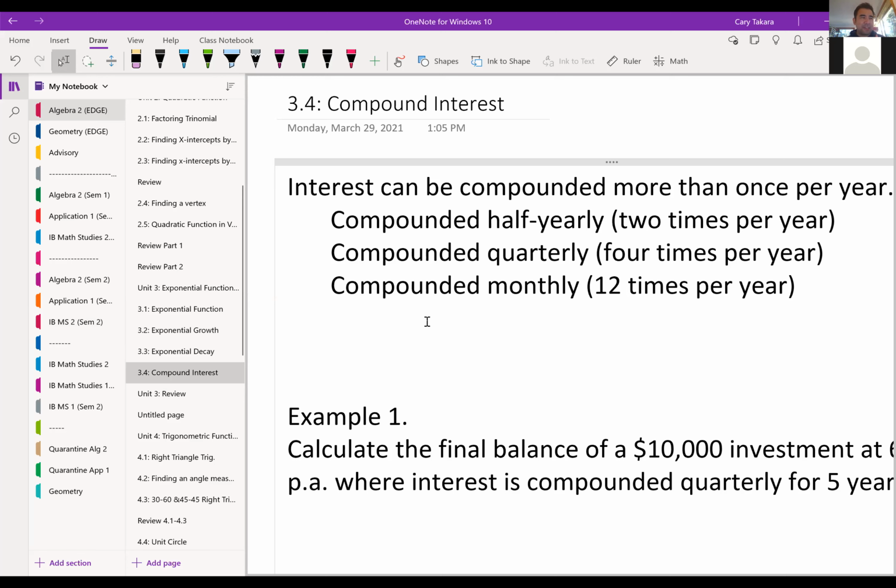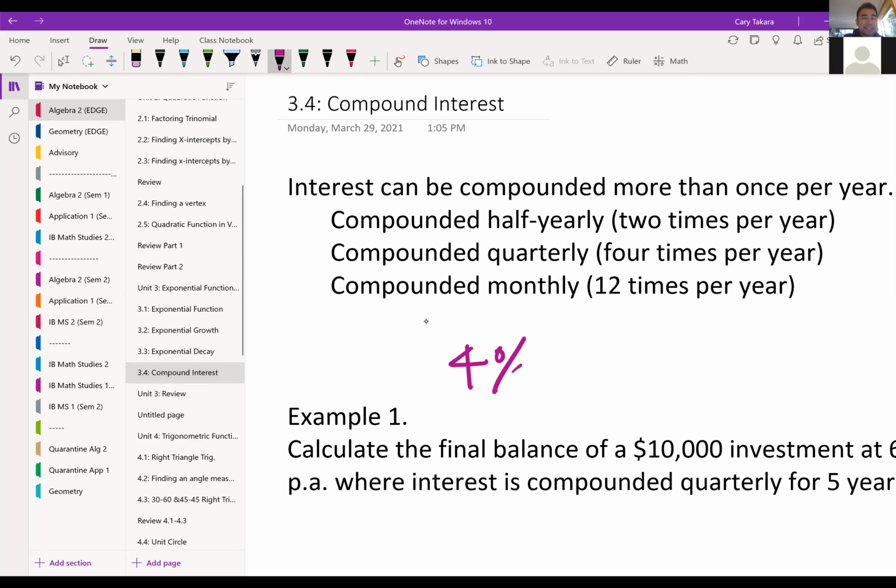Now, if the interest is 4%, that's an annual interest. Does that mean that you're going to get 4% every month? The answer is no. You're going to divide this 4% by 12.